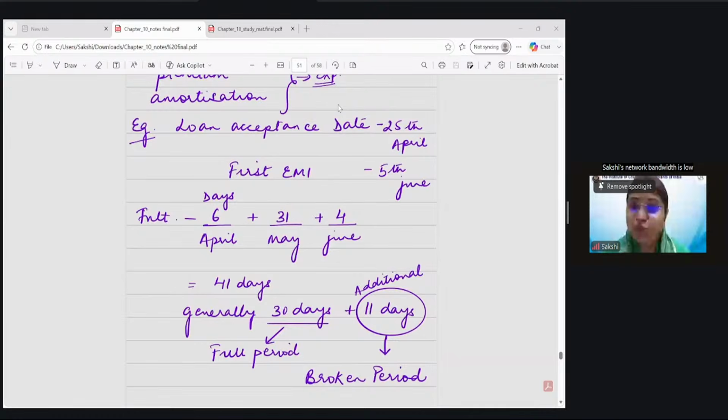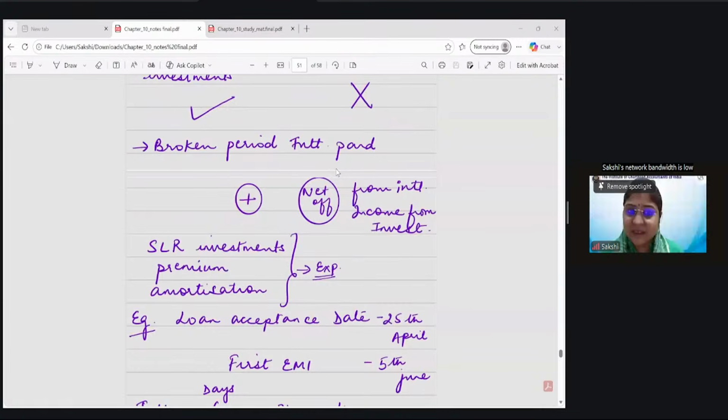Now they say that this broken period interest paid for these 11 days, plus the amortization expenses of the bank on your statutory liquidity ratio (SLR) investments, we are going to add and net off from the interest income from investment.